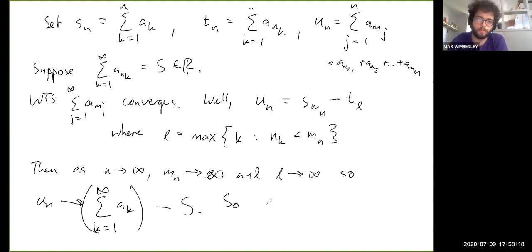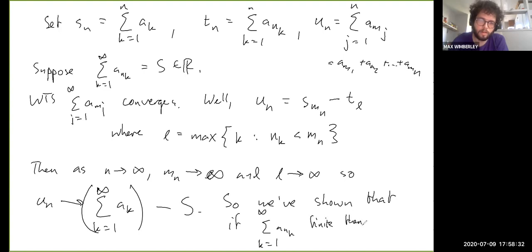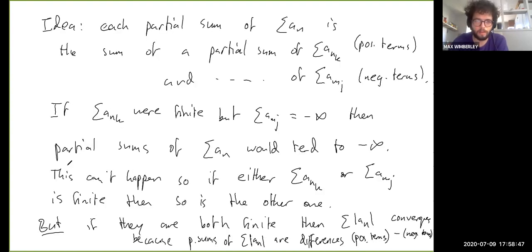So what we've shown is that if the sum of the positive ones is finite, then so is the sum of the A_{M_J}s. That's what we just did.